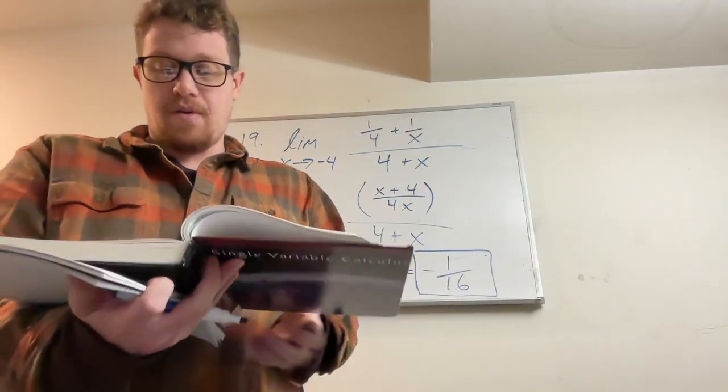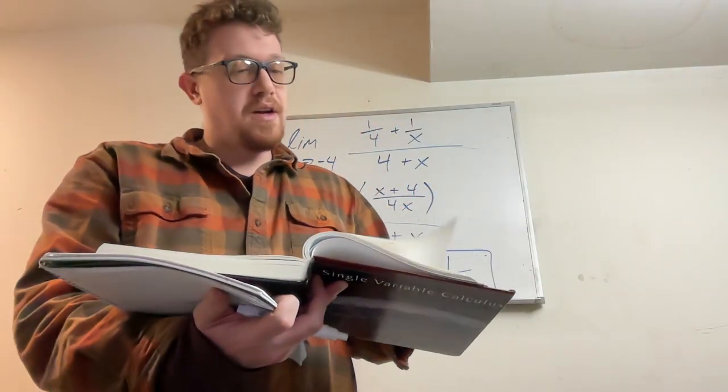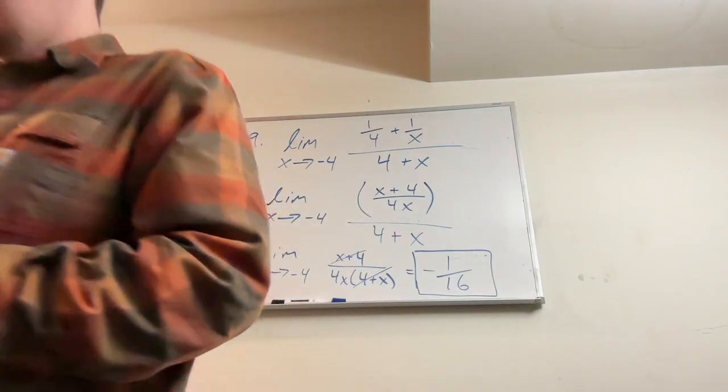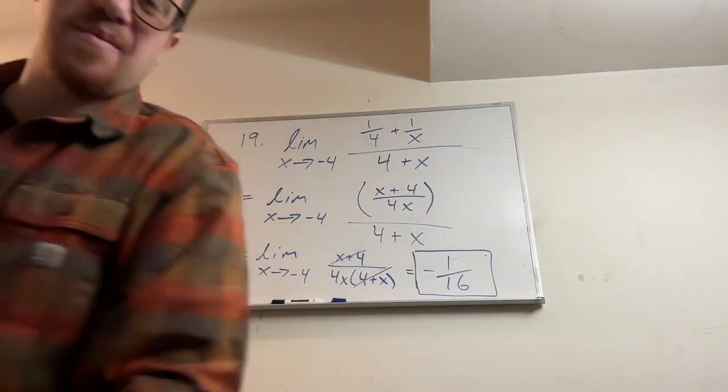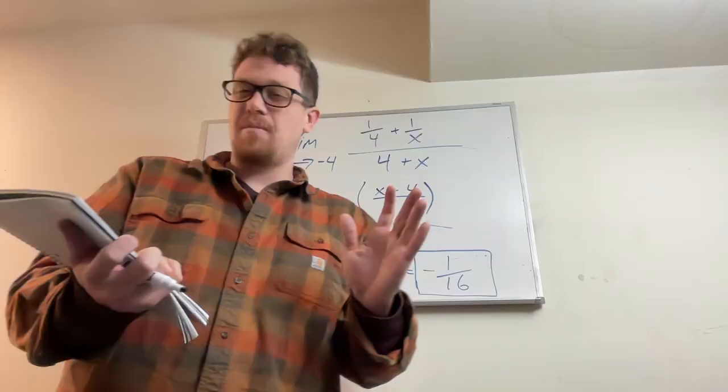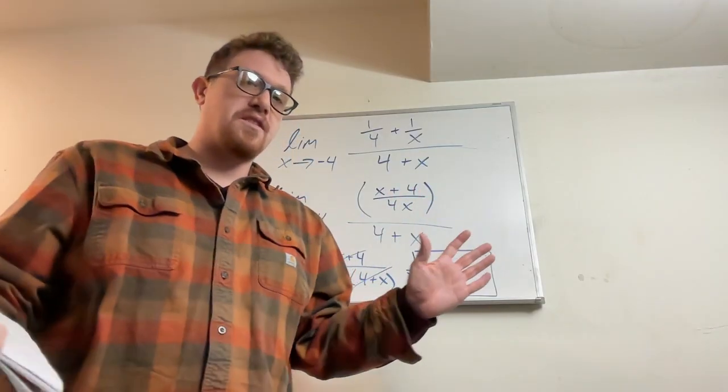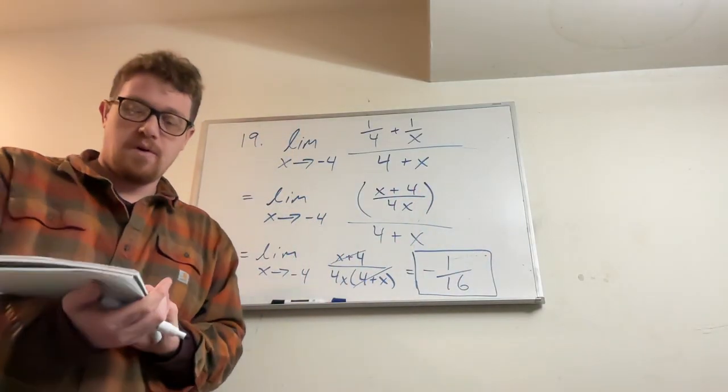And now problem number 38 is on the next page. At least this is the Stony Brook edition, so it might be different numbering and you might have different problems. But either way, you can still follow along with what I'm doing on the board.